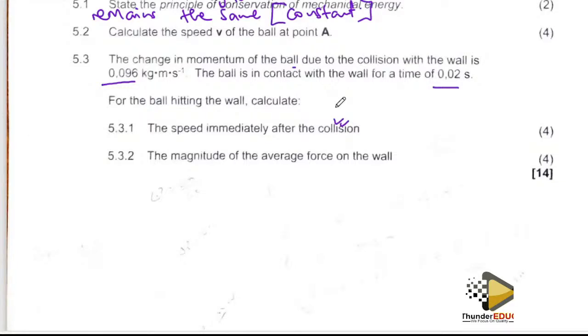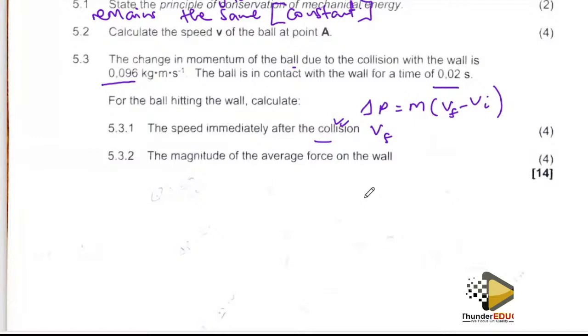Okay, so they want the speed immediately after the collision. Since they gave us the change in momentum, it is m times v final minus v initial. Immediately after the collision, which means they are looking for the VF.